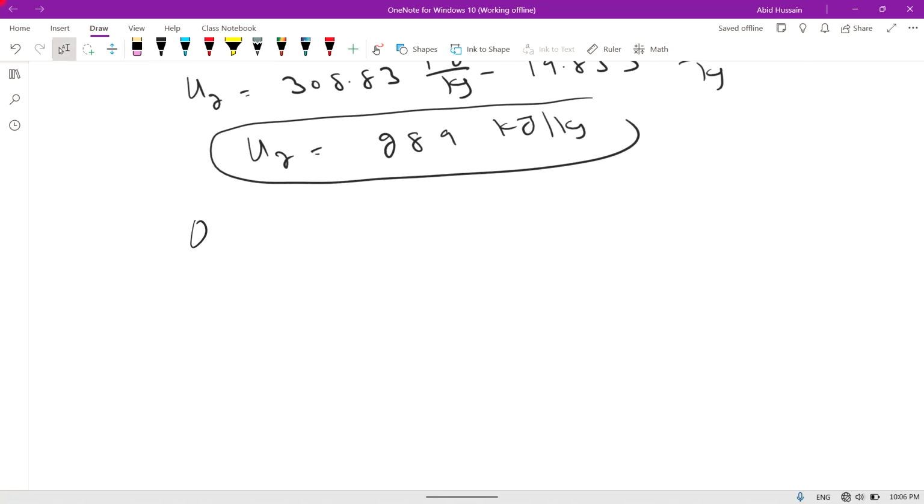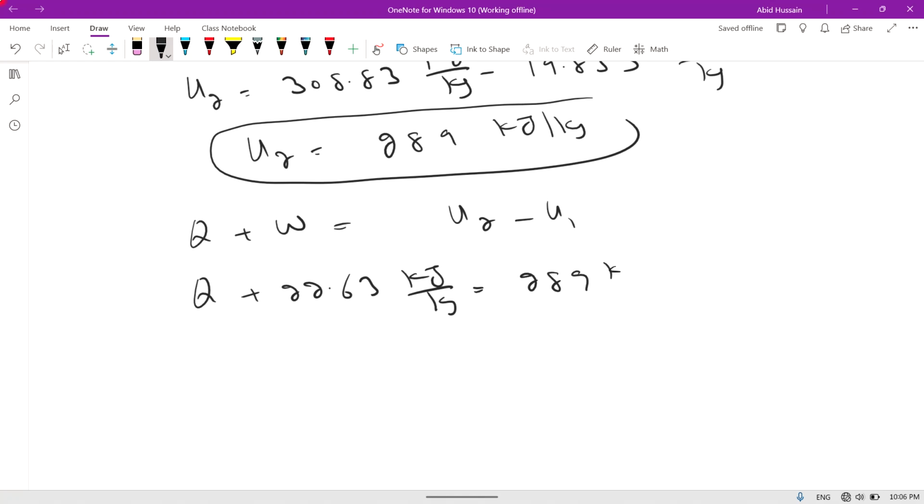As we know that Q plus W is equal to u2 minus u1. The value of W is 22.63 kilojoule per kg, and u2 is equal to 289 kilojoule per kg minus u1 is equal to 273.107 kilojoule per kg. So 289 minus 273 is equal to 15.893.